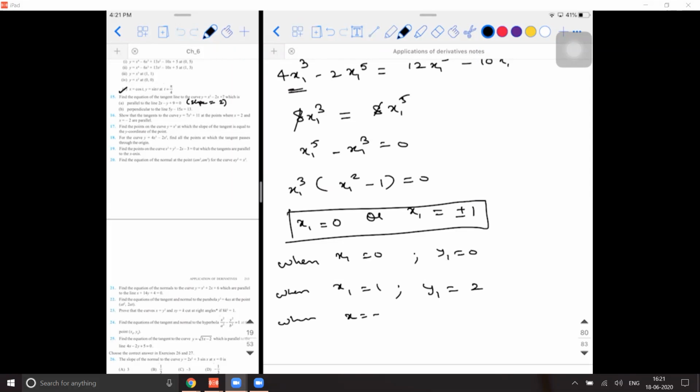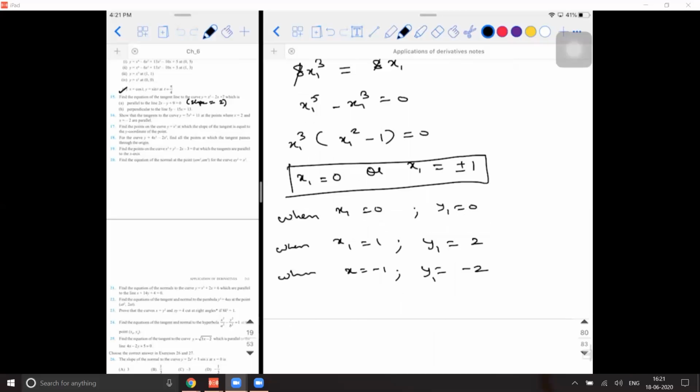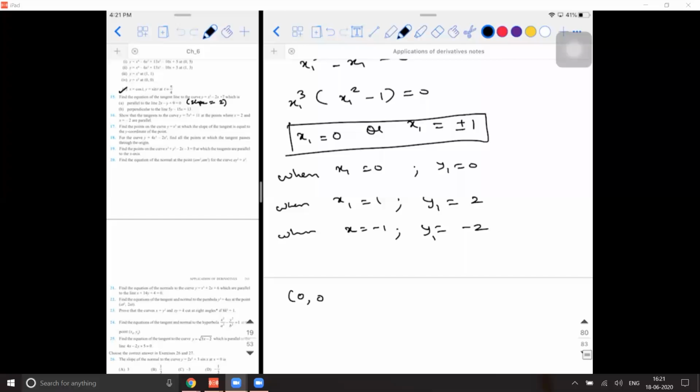When x1 is minus 1, it is minus 4 plus 2, which is minus 2. So what are the 3 points that are possible? 0, 0 or 1, 2 or minus 1, minus 2. So these are the 3 points at which, if you draw a tangent, that particular tangent will pass through the origin.